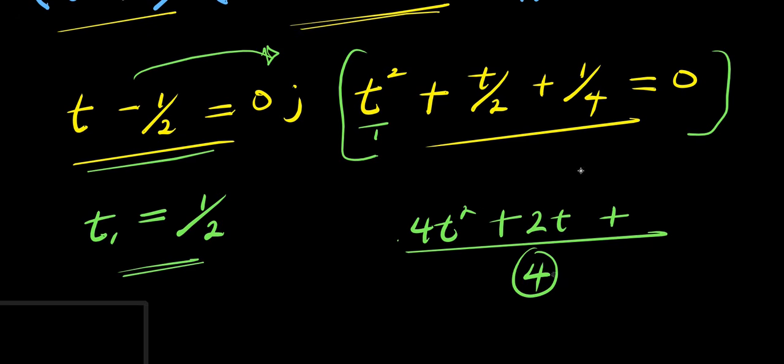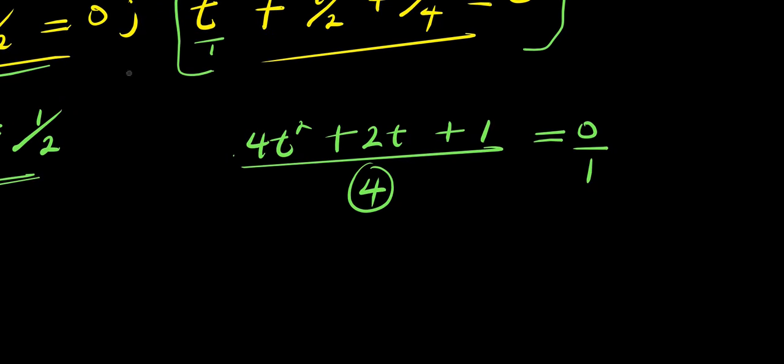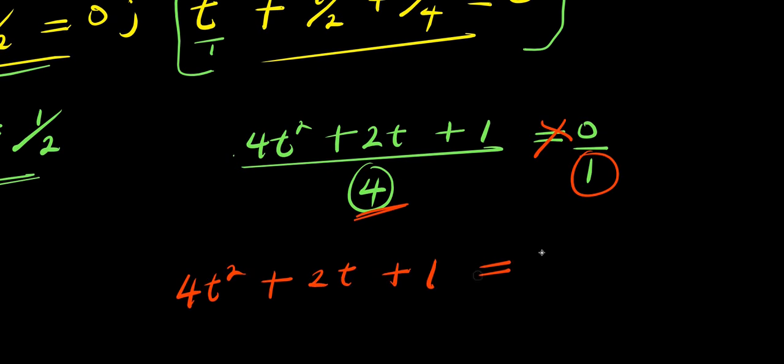That's 2t plus 4 divided by 4, 1 times 1, we have 1. This equals 0, over 1. At this point, we can cross multiply. 4 will multiply 0, and 1 will multiply this. Then we have 4t squared plus 2t plus 1 equals 0.